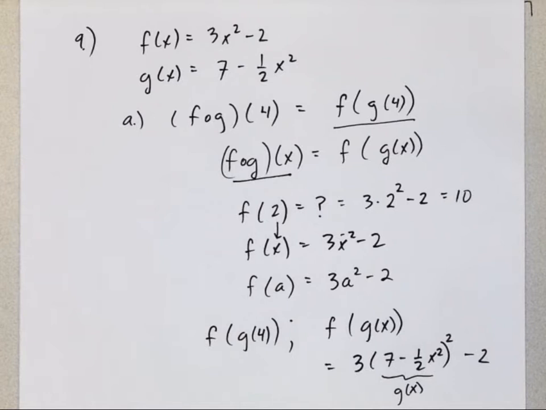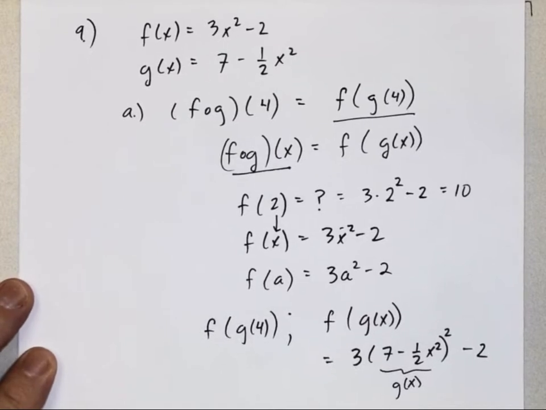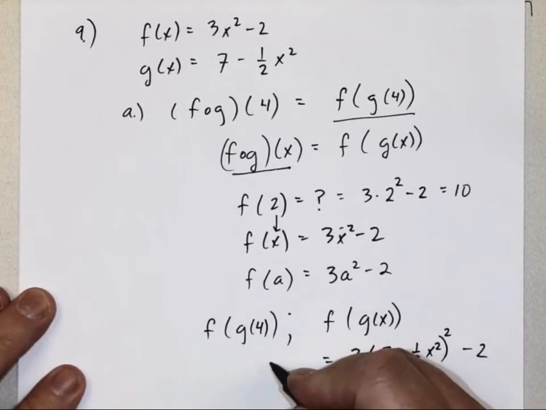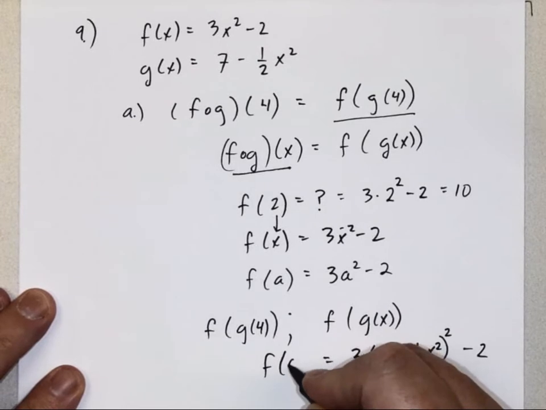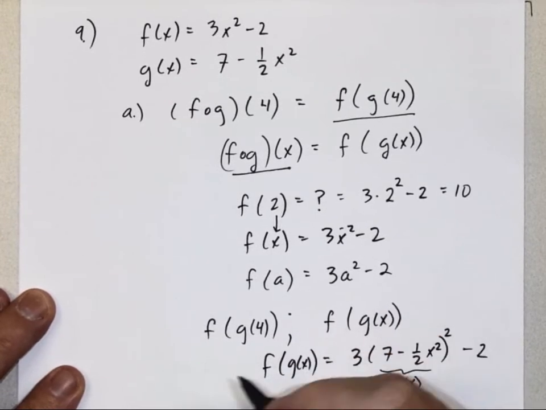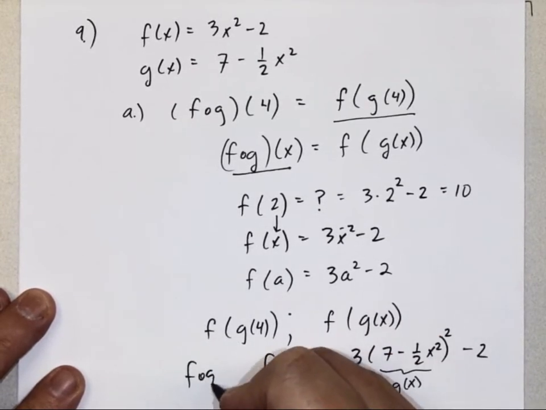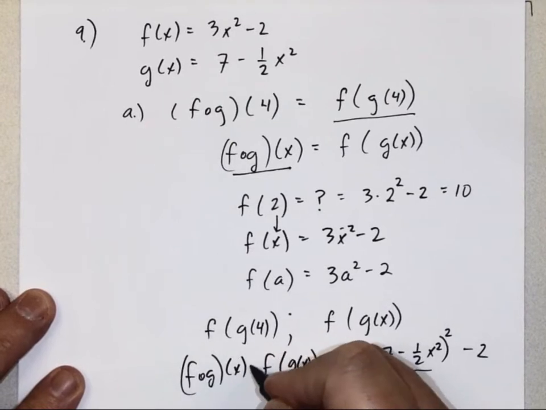Now I'm not actually going to finish this. If this was actually a signed problem, you'd have to multiply out these parentheses. These parentheses are squared. You have to FOIL it and then combine like terms, and it's sort of messy. So let me write it here, just to make it very clear.